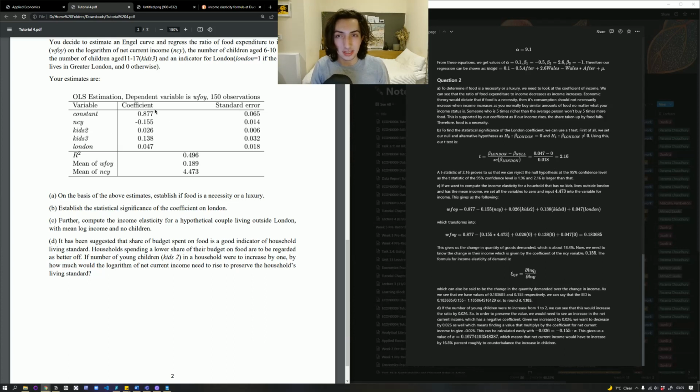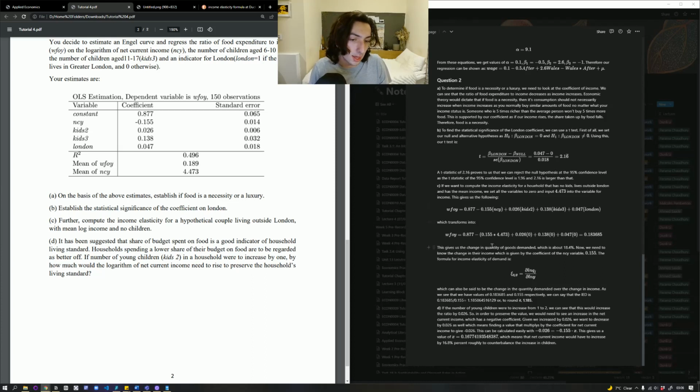Because income has a negative relationship as opposed to a positive one, it's the only thing we can use to turn it back. So we need to think about what value of income we can put in here such that this value is going to be minus 0.026. So minus 0.155 times something equals minus 0.026.